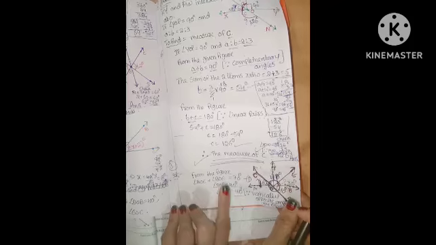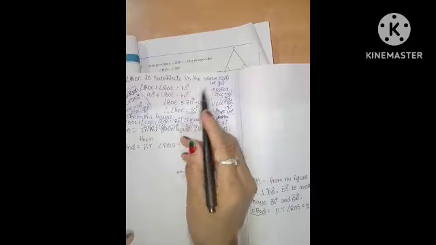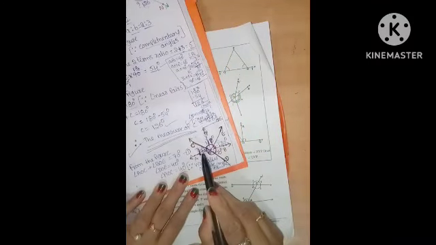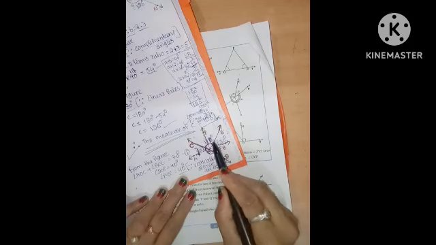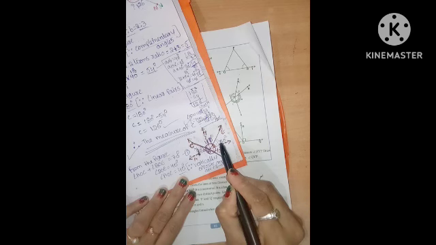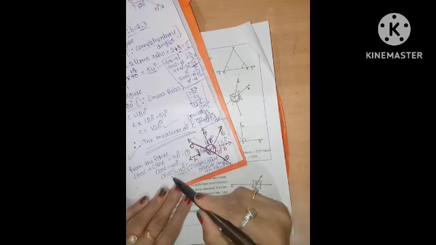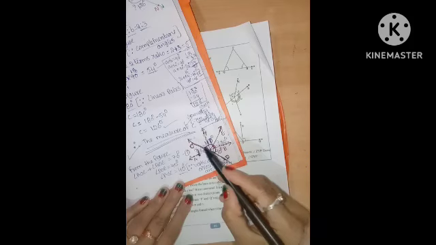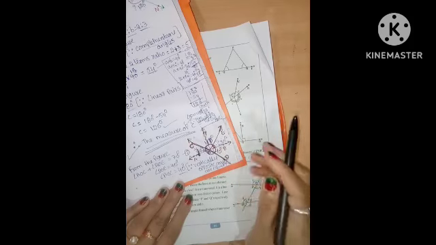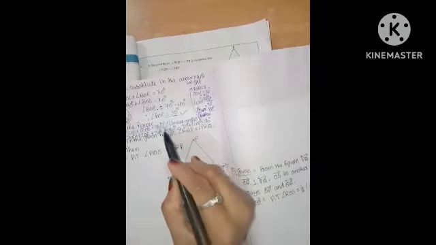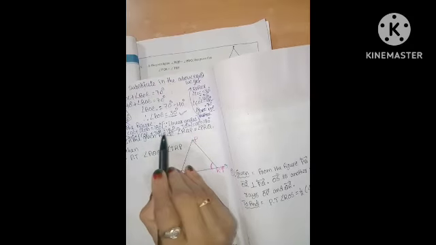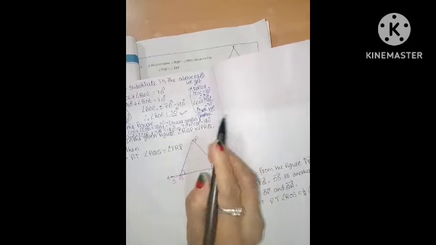After getting angle BOE, the sum of these three angles is equal to 180 degrees. Substituting the BOE angle and AOC angle, we get angle EOC. We get angle COE.